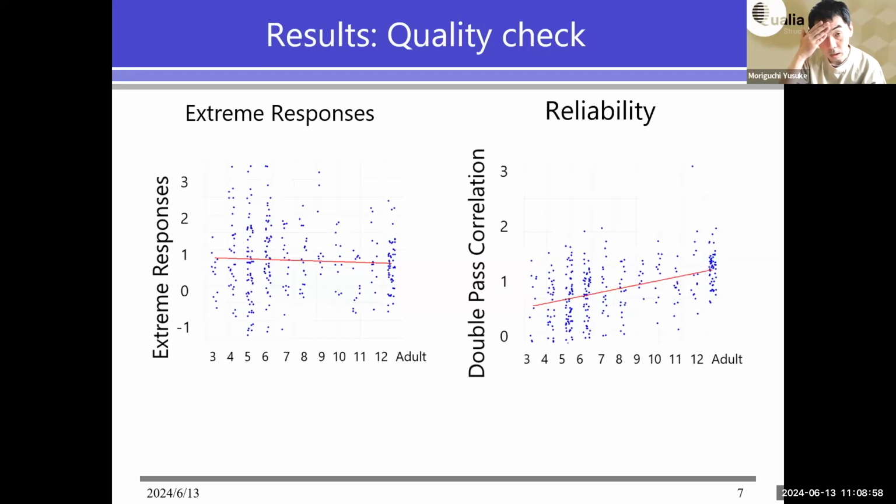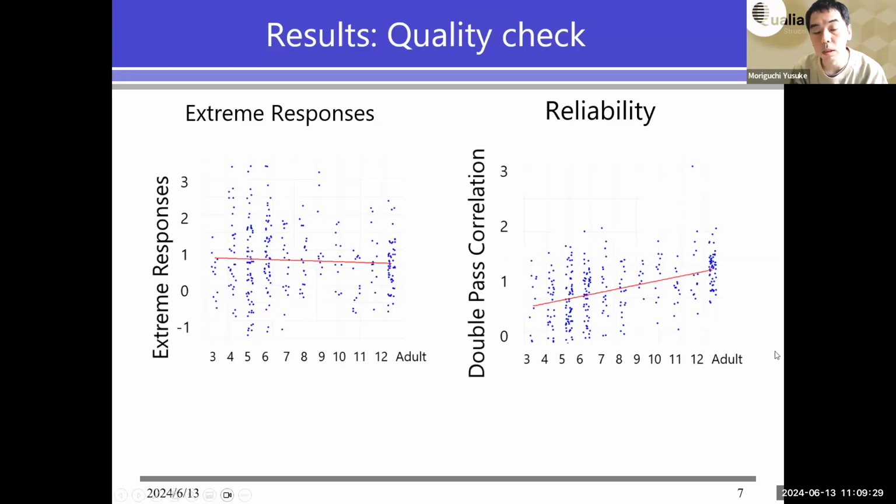So this is the result of the quality check. The left figure represents the percentage of extreme responses, after logit transformation, so the numbers are not so important here. As you see from the results of 3 to 12-year-old children and adults, there are no differences in the percentage of extreme responses in this specific experiment.